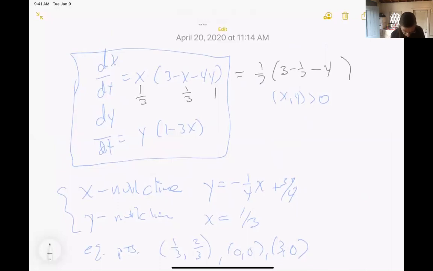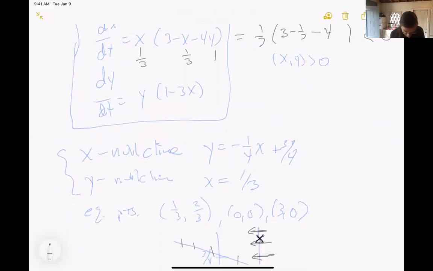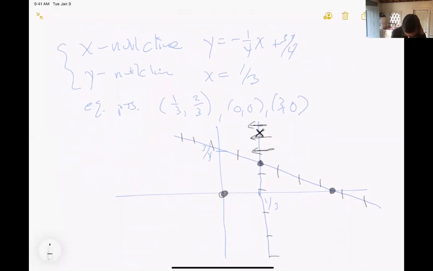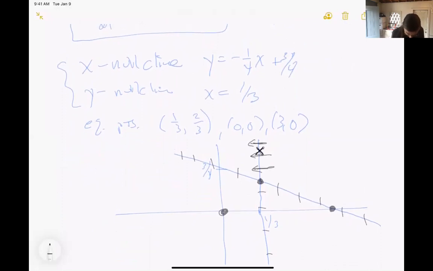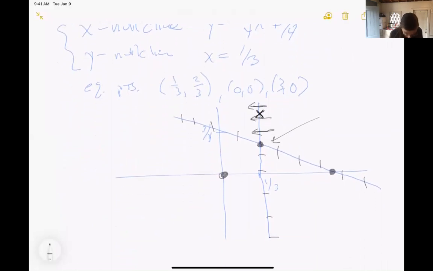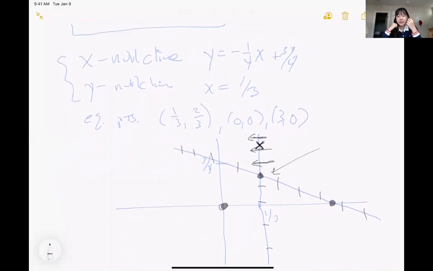And that certainly looks negative, doesn't it? 3 minus 1/3 is 2 and 2/3, minus 4 is going to be certainly less than 0. Yeah, that certainly looks negative. Let's check some of these other points. Did you do the equilibrium point analysis on this point right here? No. Okay, let's do it.